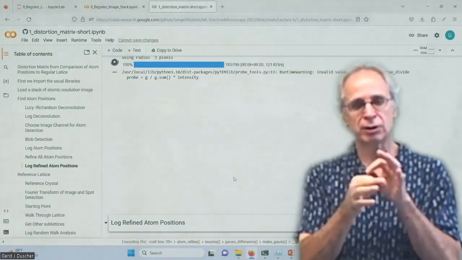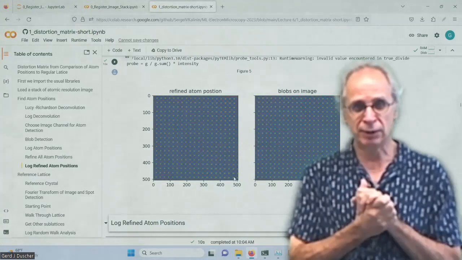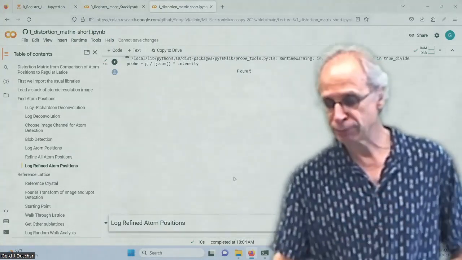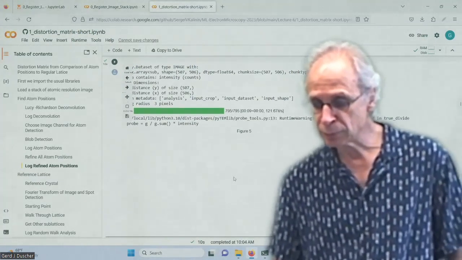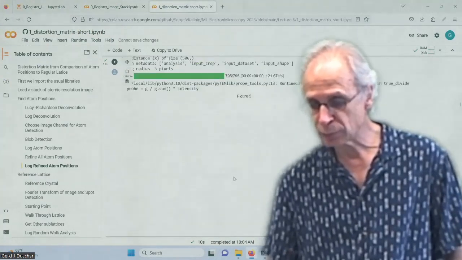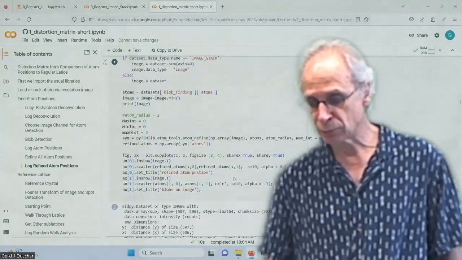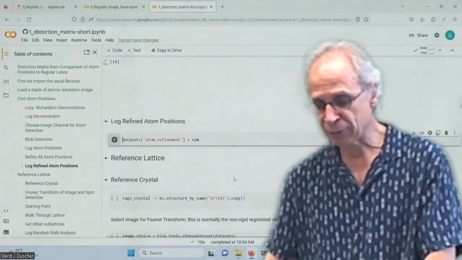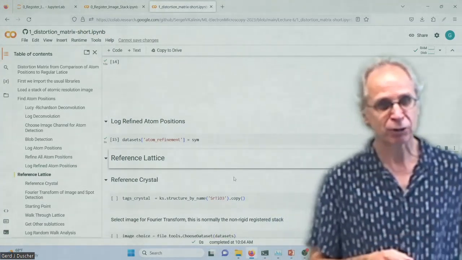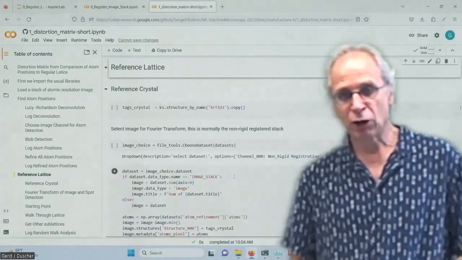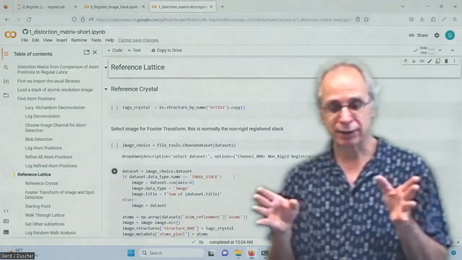We are using only the center part. And we have the atom refinement, was there for a second. Not sure what my Google Colab does. So we found our atoms.